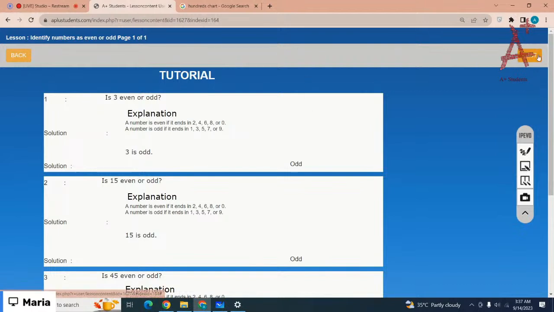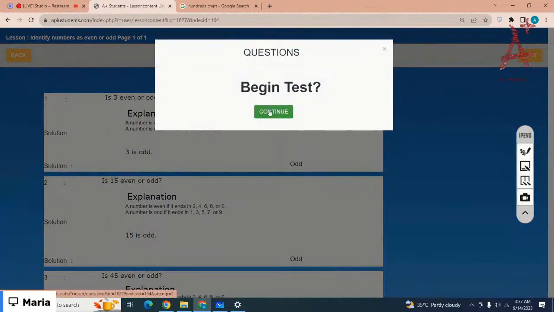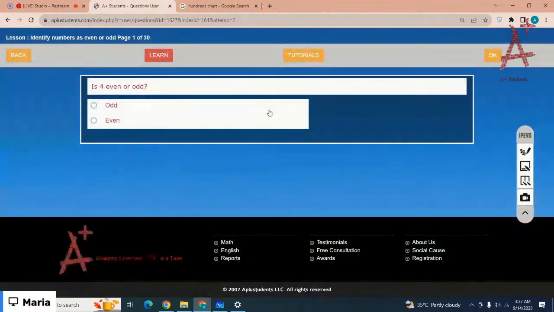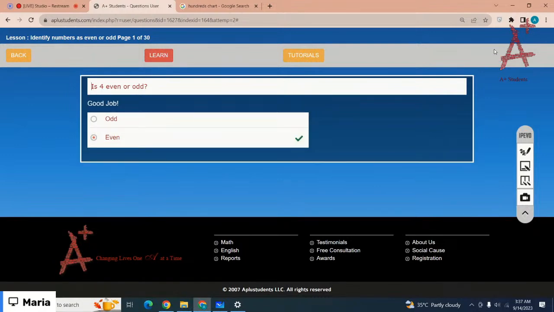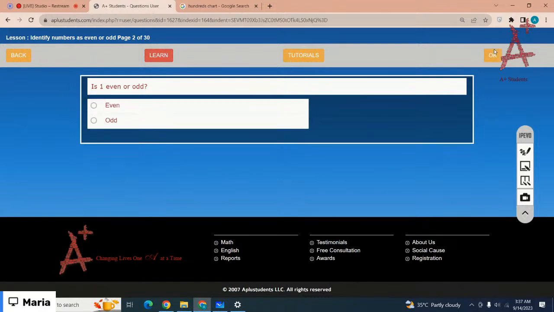Let's just start with the practice questions. Okay, is 4 even or odd? Yes, 4 is an even number. The correct option is even because 4 is completely divided by 2.